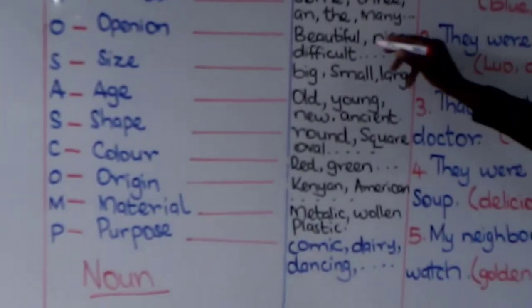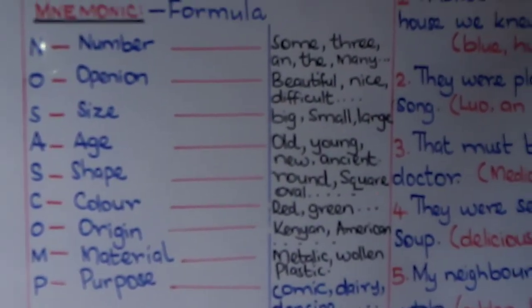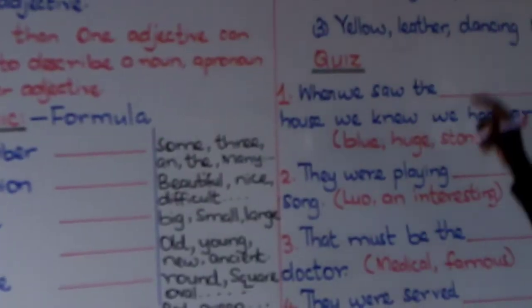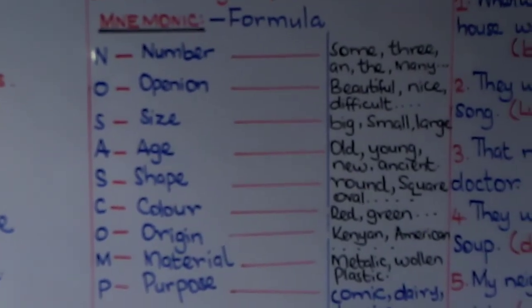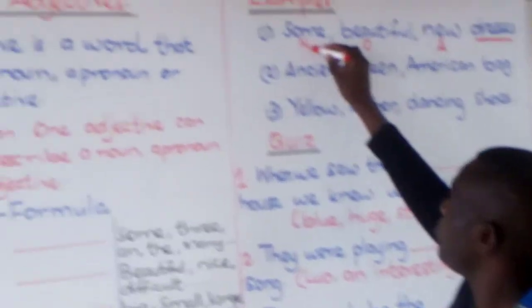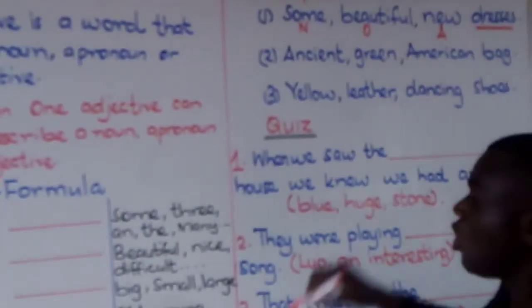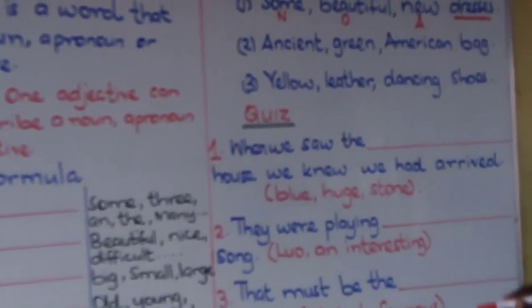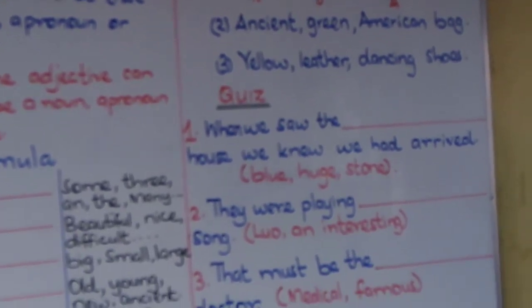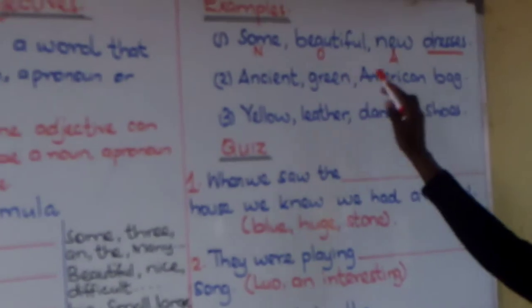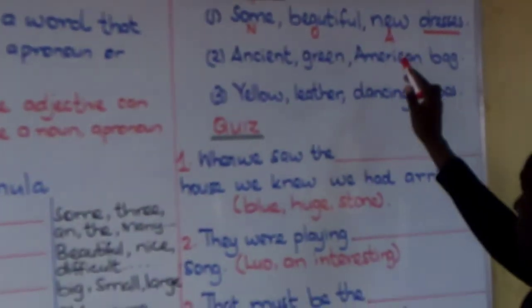Beautiful is opinion. Boys and girls, it's opinion. New is age. And so there is no way we can start with age, then followed by new, and then opinion. No, that will be interfering with the order of adjectives. It's not the right order. But the way it is arranged is the right order.